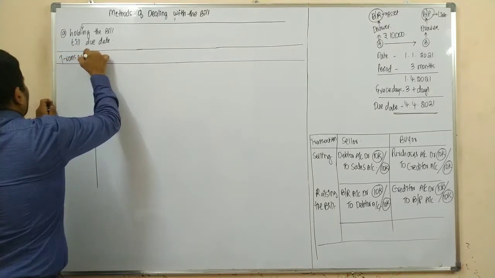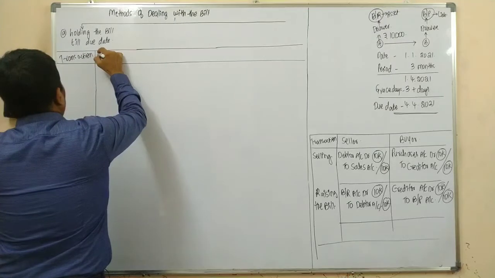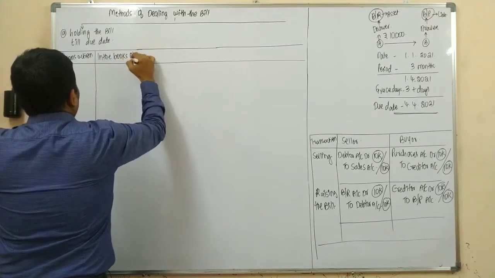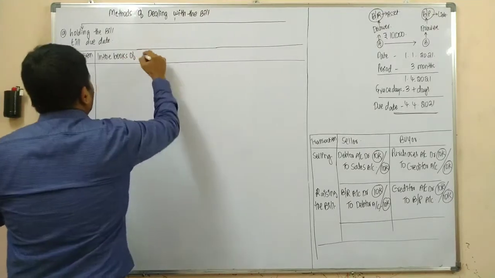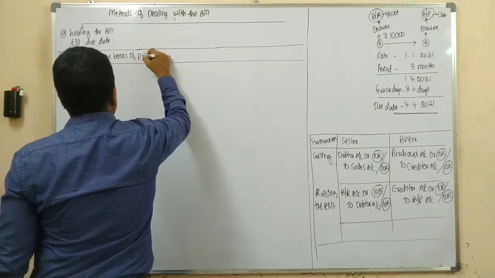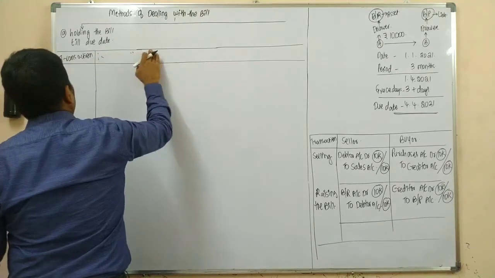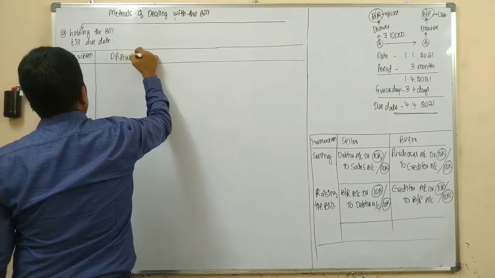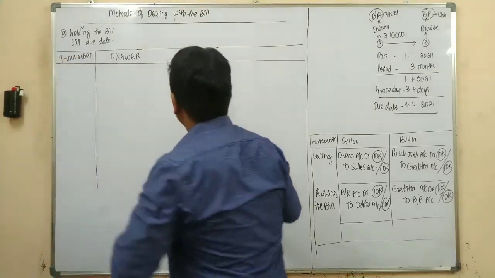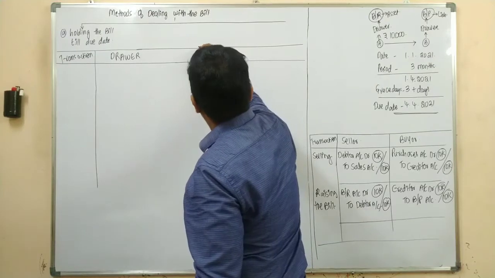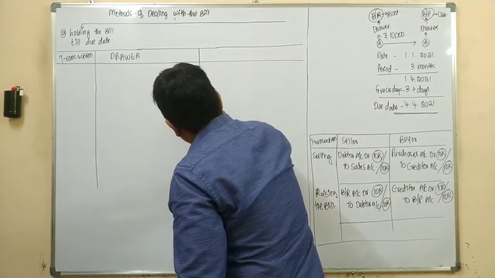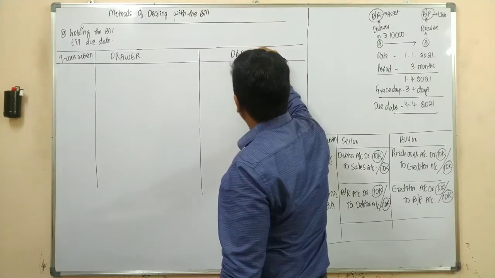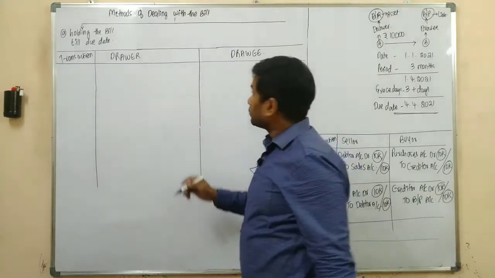Your transaction in the books of drawer, or we can write it as a drawer. It would be a clear. In the books of drawer and in the books of Drawee.